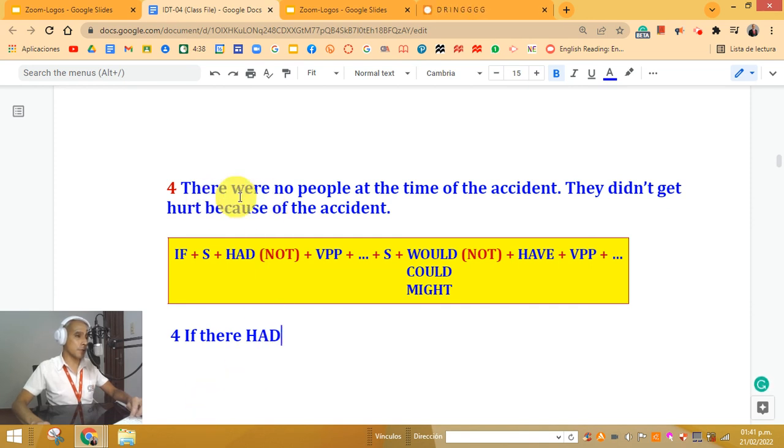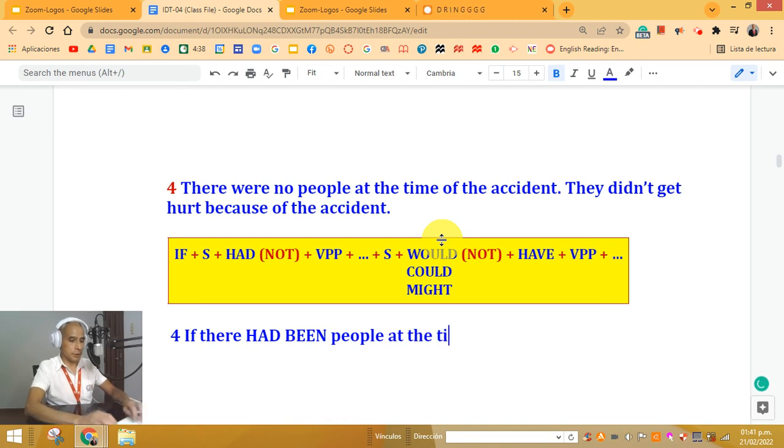And that's what we're going to check. Here says there were no people at the time of the accident. Here we have no, so this is negative. So if there had been people at the time of the accident, comma, I have to copy the subject. In this case, the subject is they.